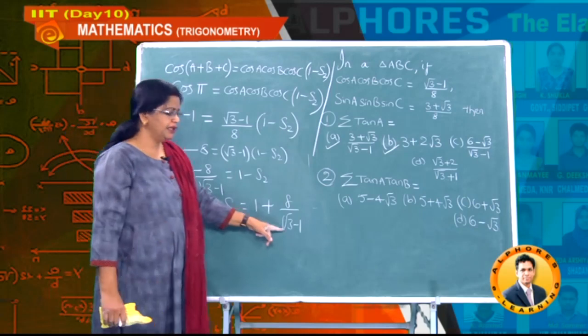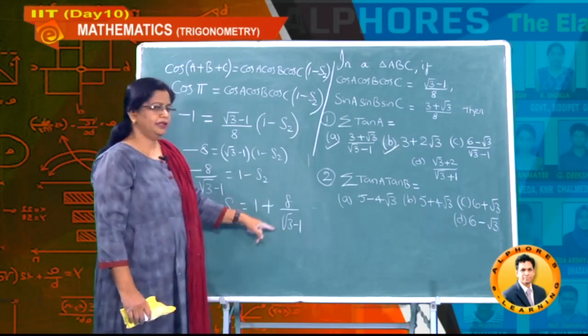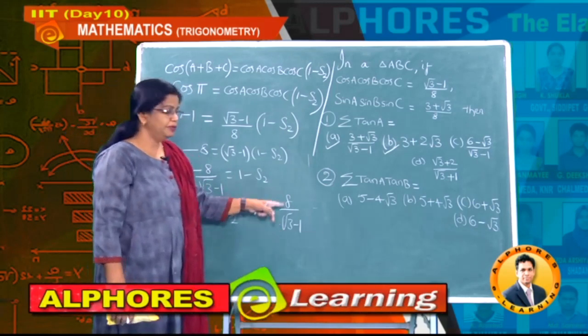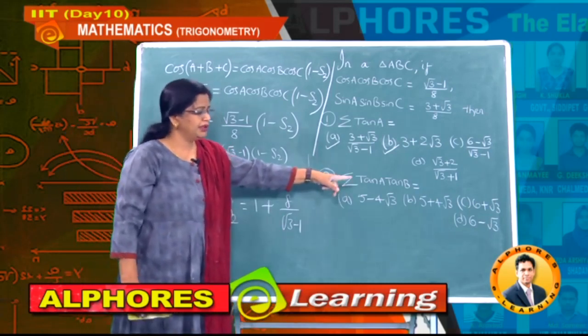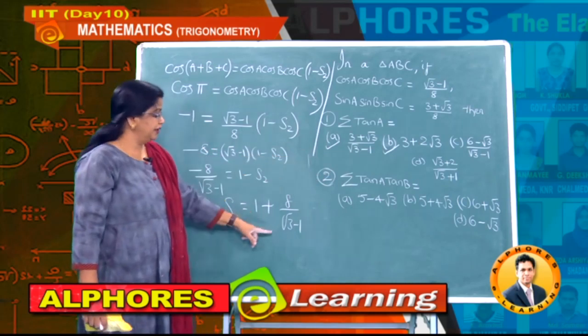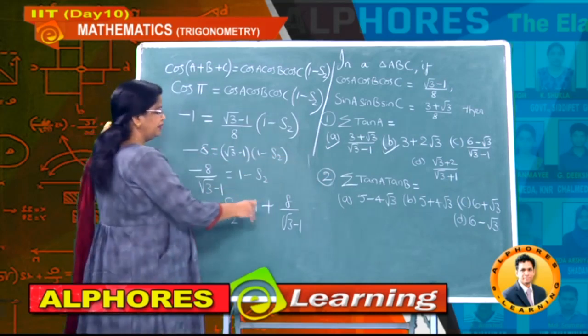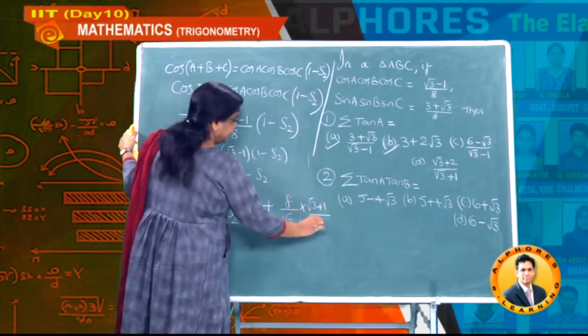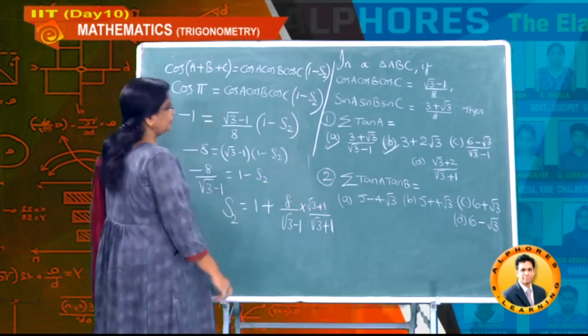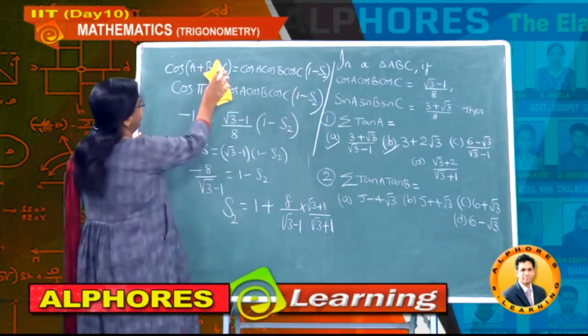Now, no need to immediately take the LCM, let us do rationalization here itself, because observe in all these options there is no value in the denominator like this. Therefore, let us rationalize here itself, multiplying by root 3 plus 1 by root 3 plus 1. So, what is the value you can obtain here?